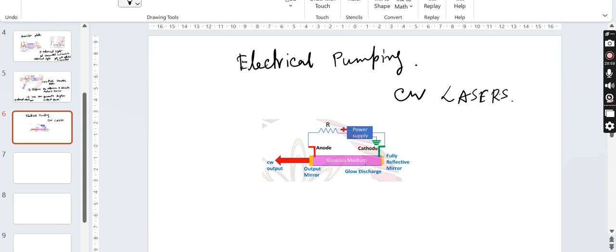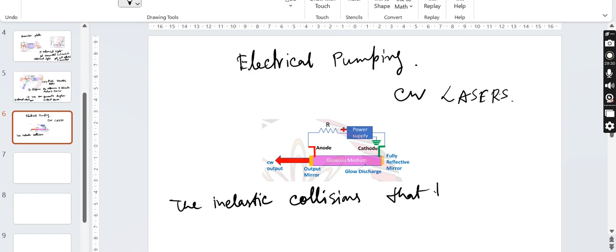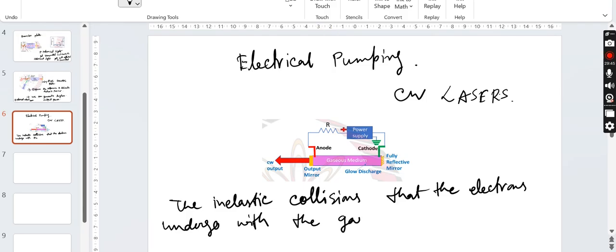The case we will see in the helium neon laser. Species.